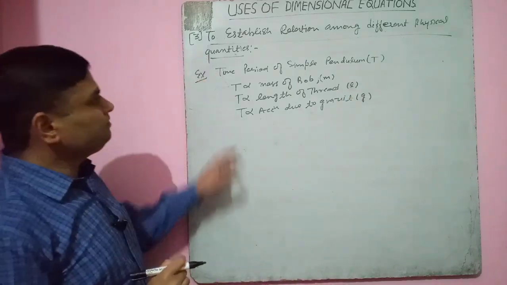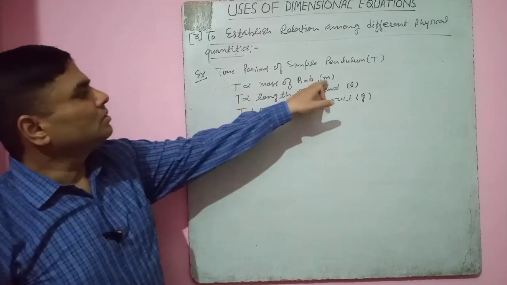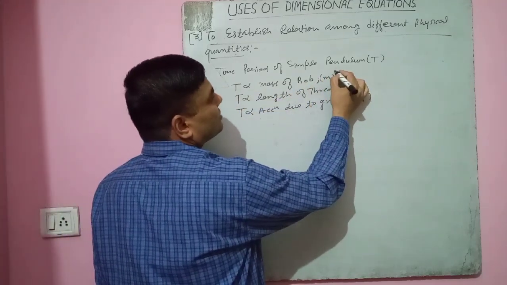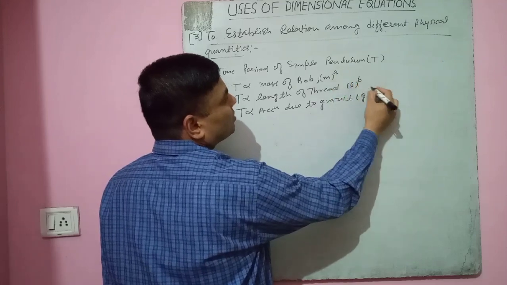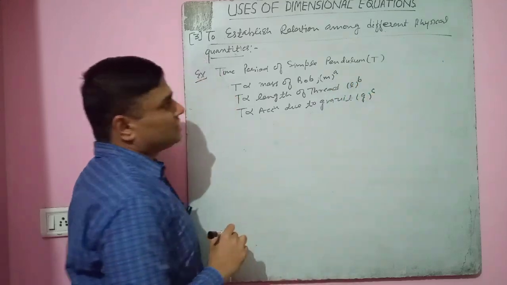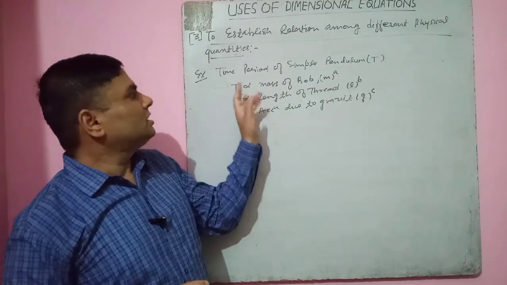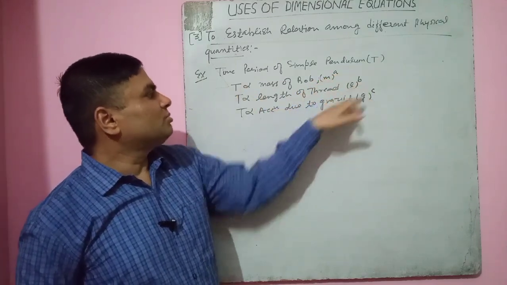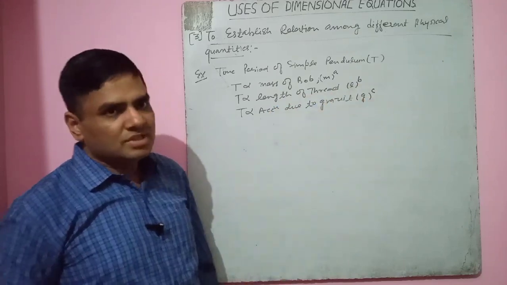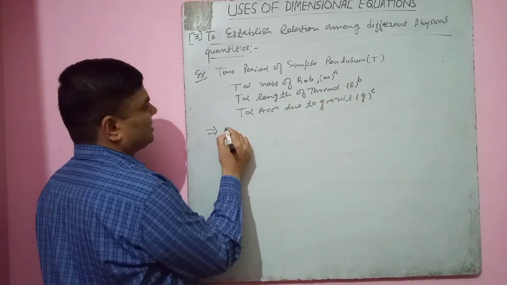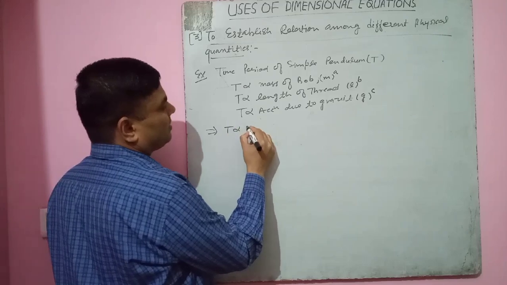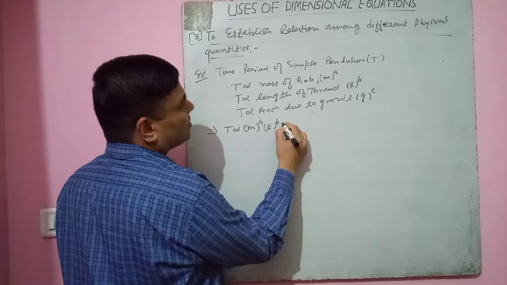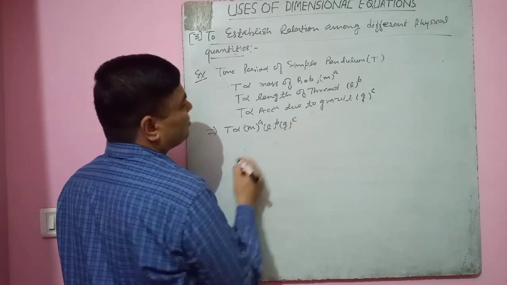We suppose that T depends on m raised to the power a, l raised to the power b, and g raised to the power c.